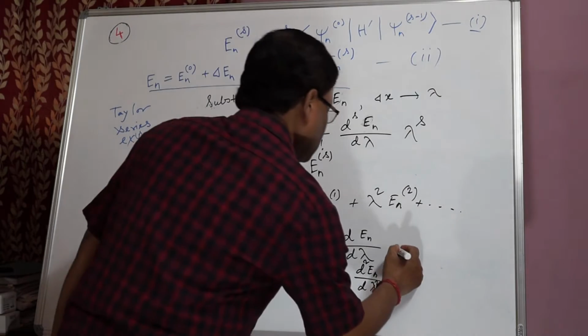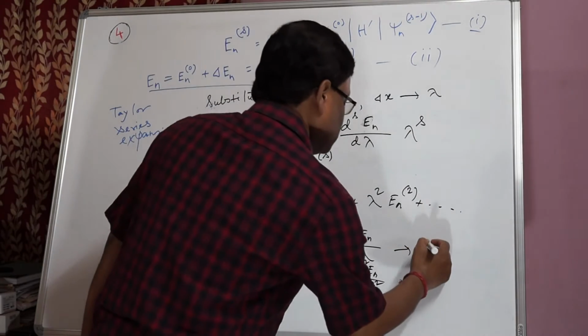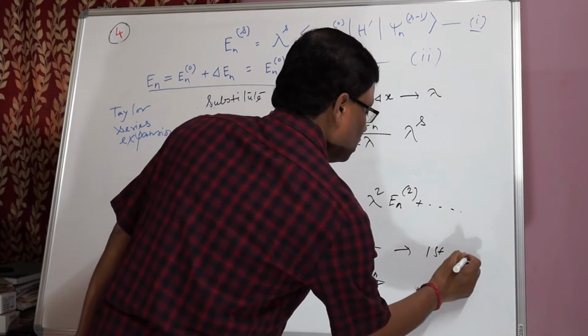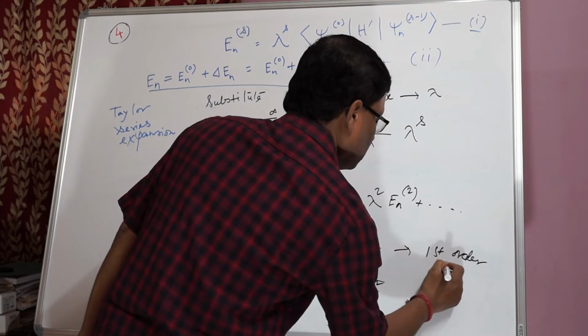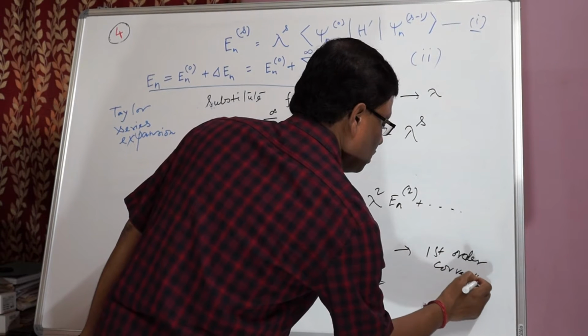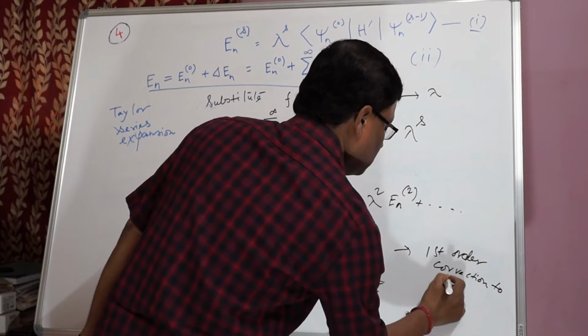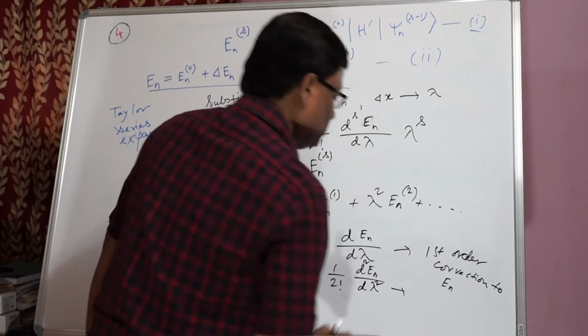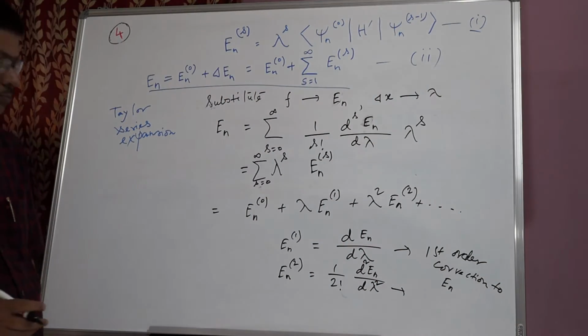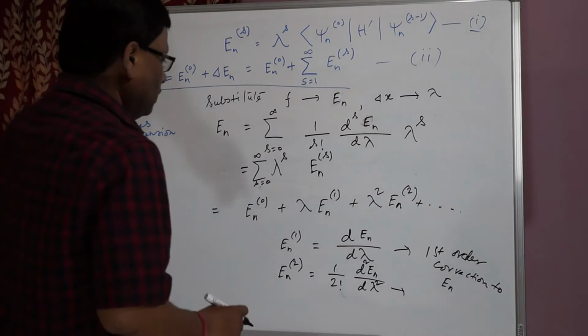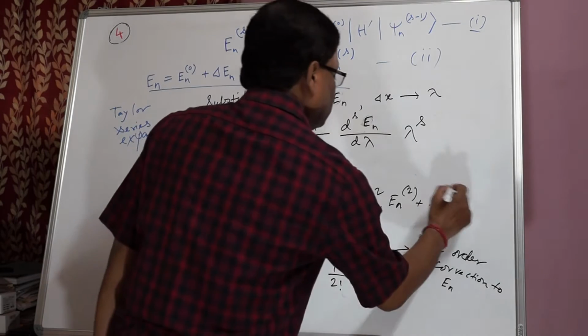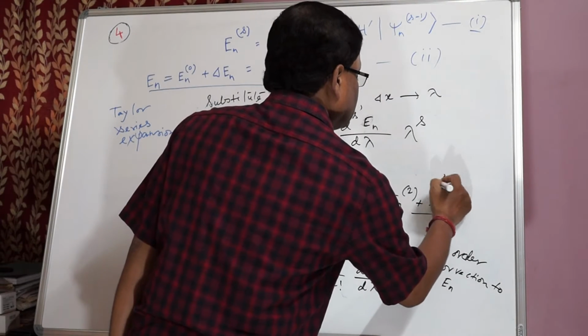So this is the first order correction to energy En. Similarly, this gives the second order correction to En. So this equation we used before as an assumption.